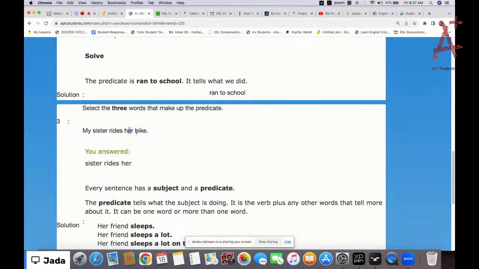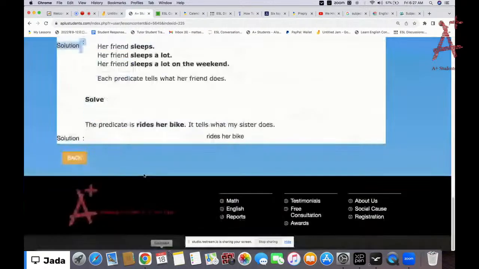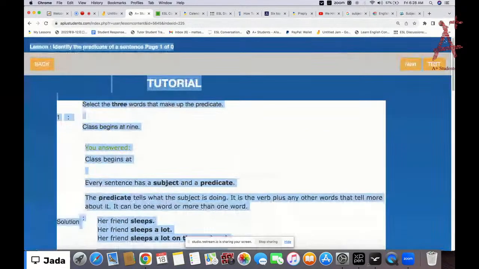My sister rides her bike. My sister is the subject, and rides her bike is the predicate. Rides is the verb, that is what the sister is doing. She's riding, that's the action going on.